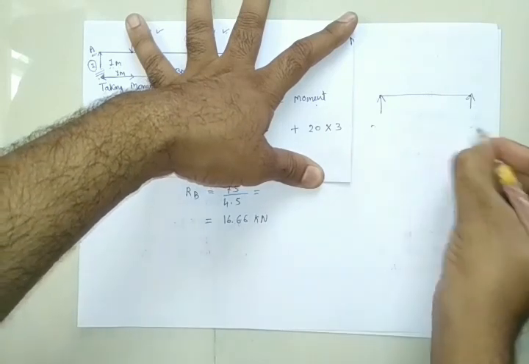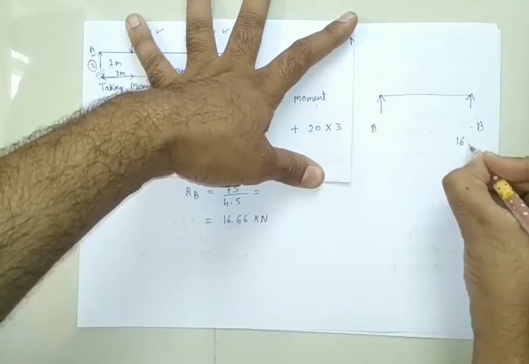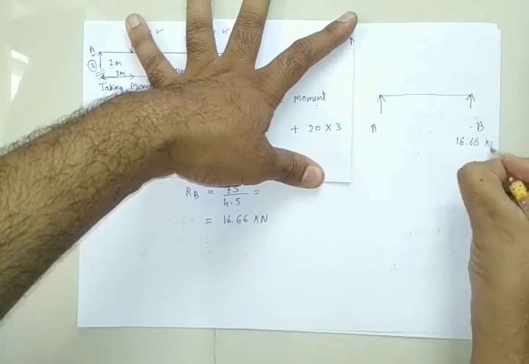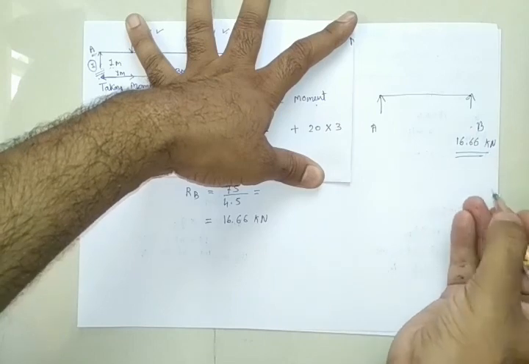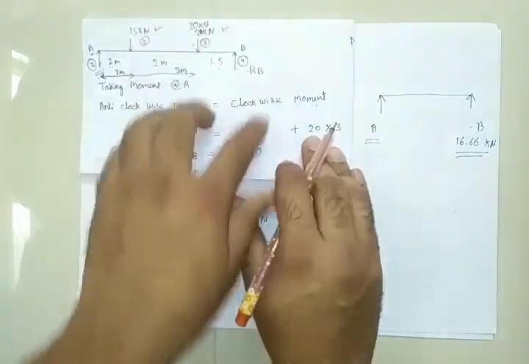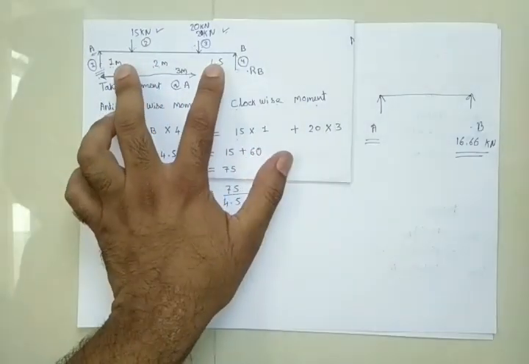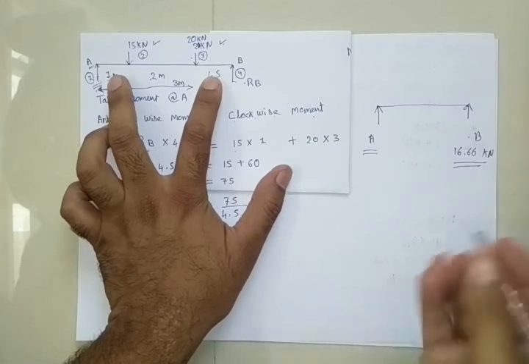So what I can say is, from both of these supports, which are A and B, 16.66 kilonewton of load is transferred from point B, then the remaining load will be transferred from point A. So what we need to find out is the total load on this beam. So I can say, what is the total load?